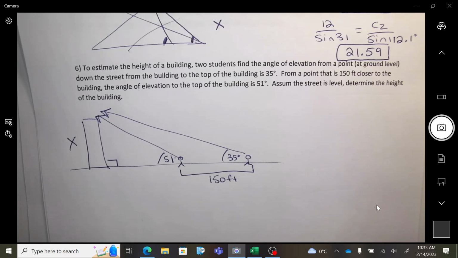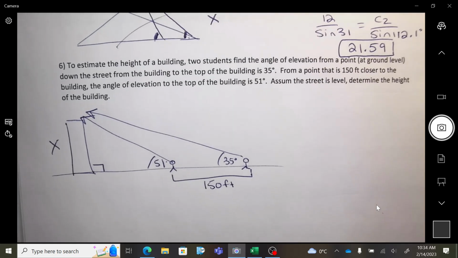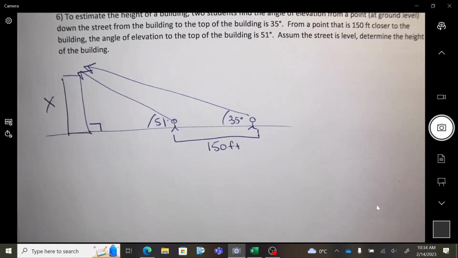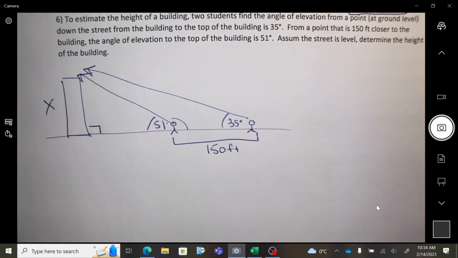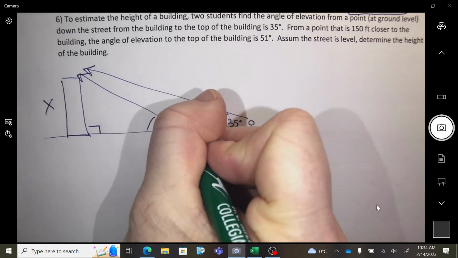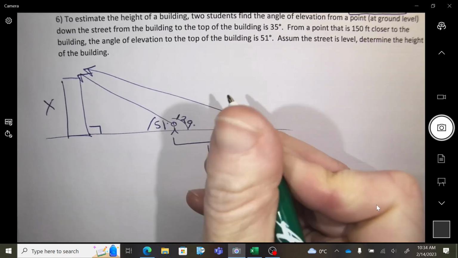Okay, let's attack the angles before we start anything else. Just angles, angles, angles. Which one? Opposite of 51 degrees. Right beside the 51, you can get that number. Okay?